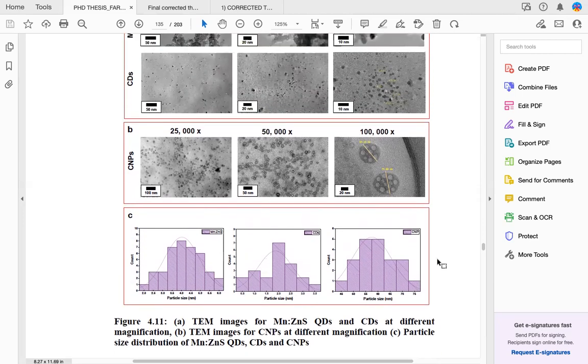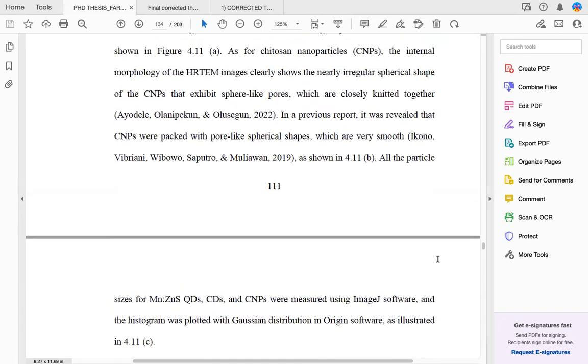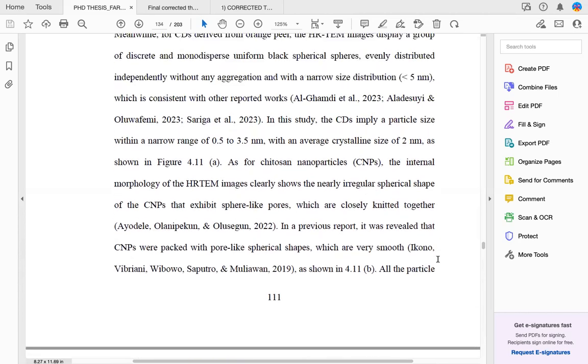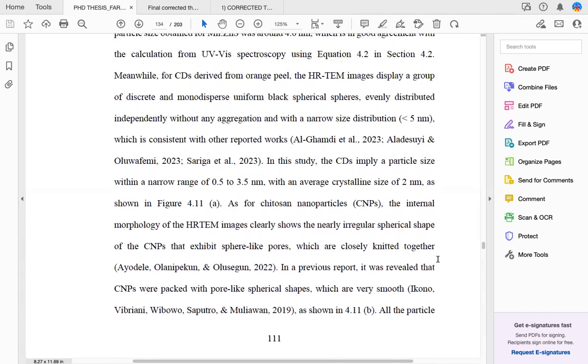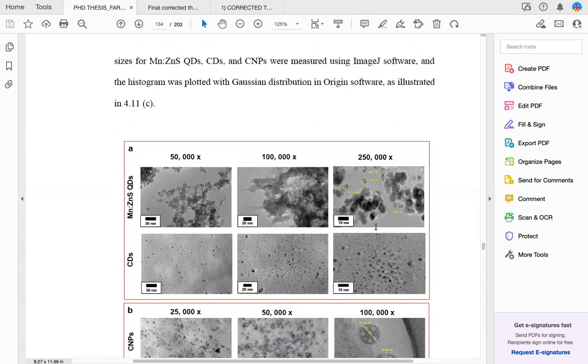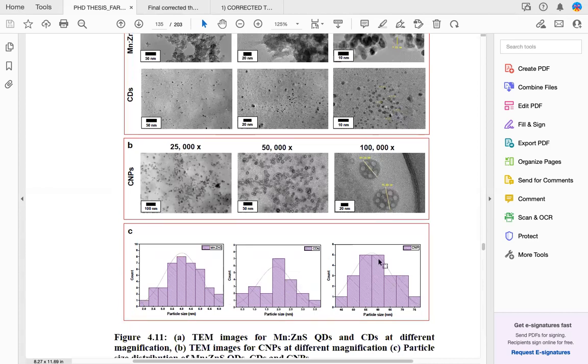So what do you actually discuss about HRTM? Usually there's one purpose, which is to show the size, and that size must be evidenced. One way is from the scale, or you can do this analysis and it can be generated.